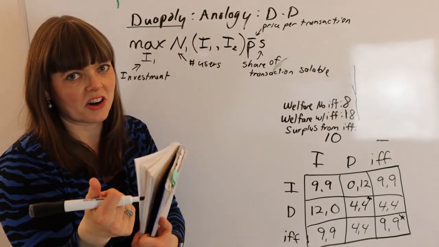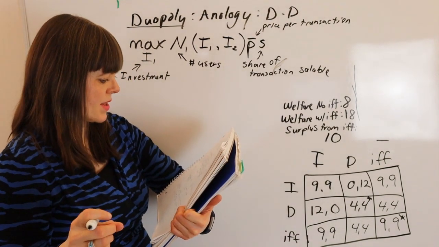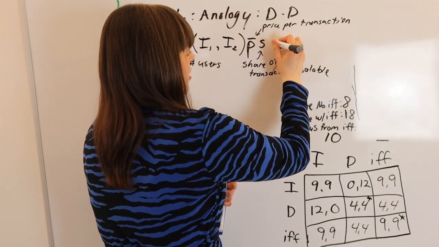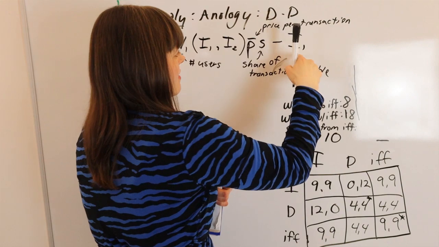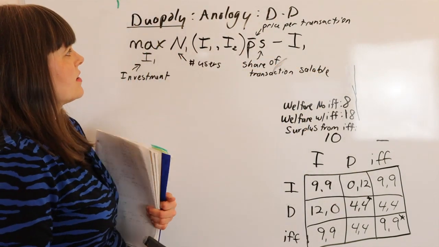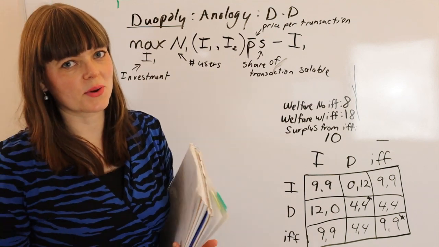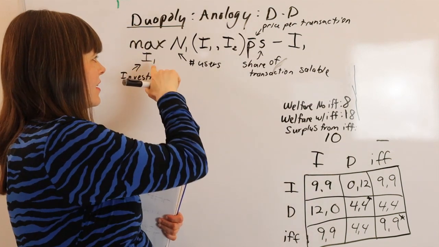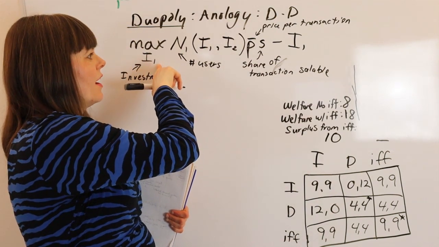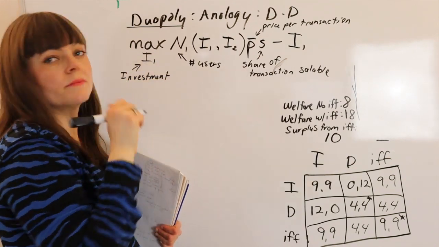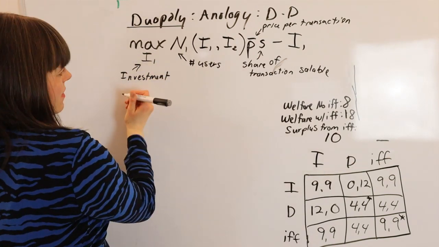You can actually charge some amount of money for. And then we keep the cost really simple, minus the investment cost. So this is one player's model. Now, of course, the other player is going to have an identical model except replacing all of the sub 1s with sub 2s.